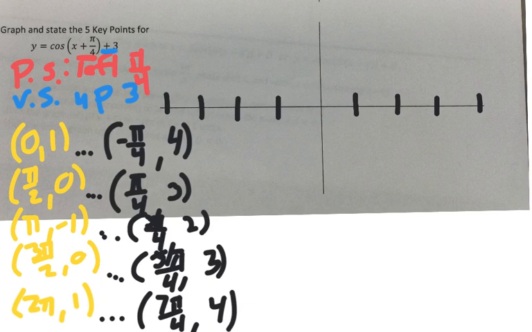Okay, so now I need to graph it. So these tick marks still represent, this is pi over 2, pi, 3 pi over 2, and 2 pi. But now all of my points are at pi over 4s. So where was pi over 4 at? It would be halfway between 0 and pi over 2.